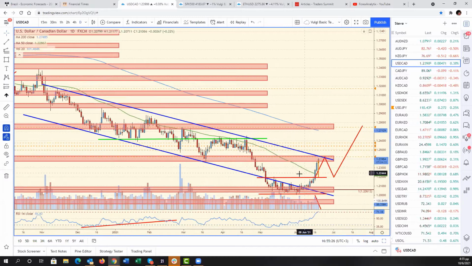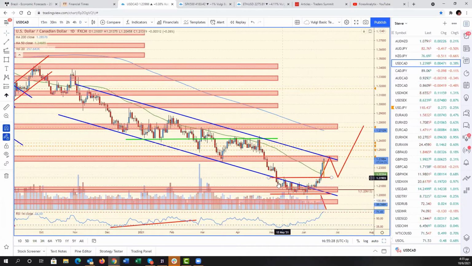USD CAD has now completed the rectangle's implied target, as it has now almost reached the previous channel's trend line resistance. We might see an initial reaction from there, like a little bit of a pullback before we can resume higher. But as I said before and at the very beginning, due to the impulsive initial nature of this corrective move, I do consider that this move has more to run.